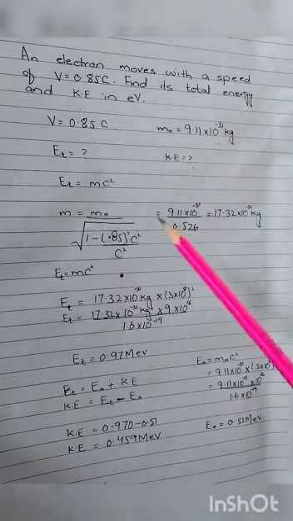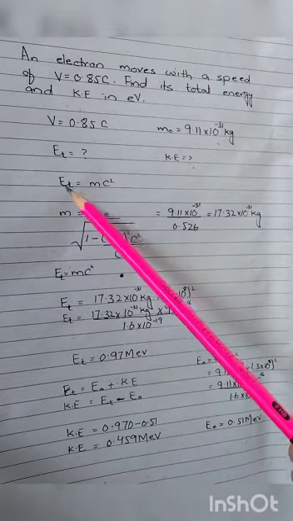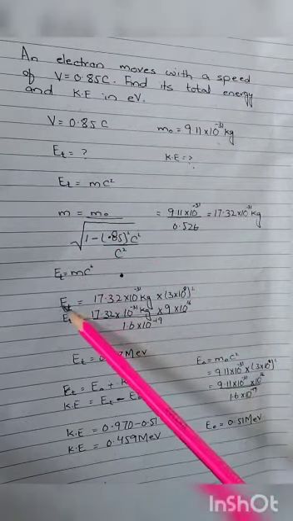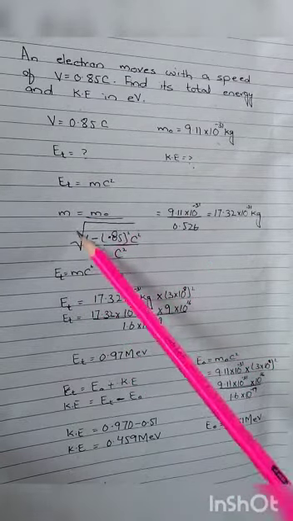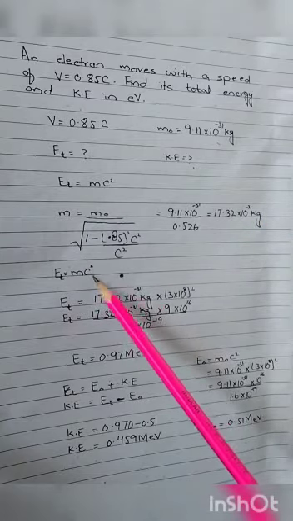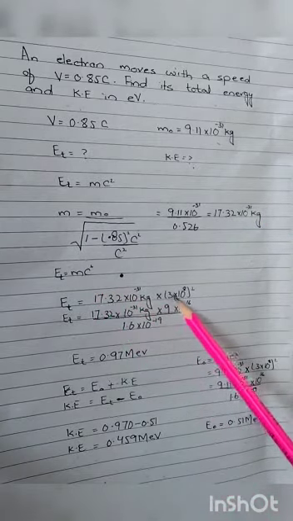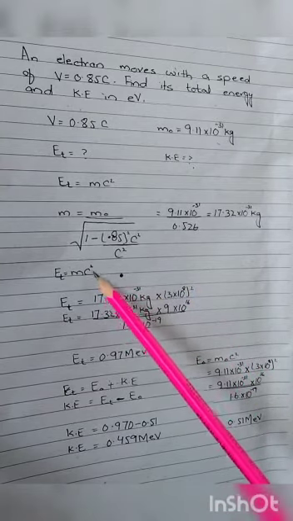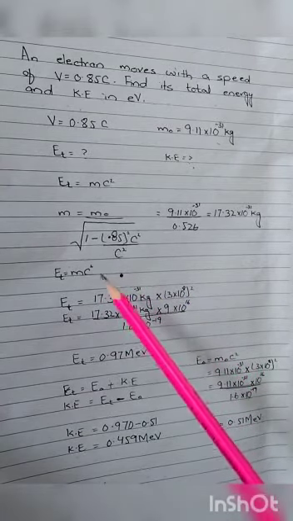Now by putting the values in the equation of total energy, you get the total energy. Here you have the value of m equal to 17.32 into 10 power minus 31, along with the value of c, that's 3 into 10 power 8, but here you have c square, so you take the square of the value of c.